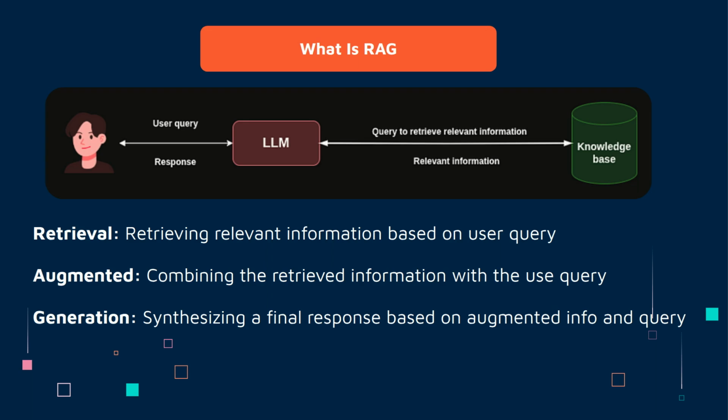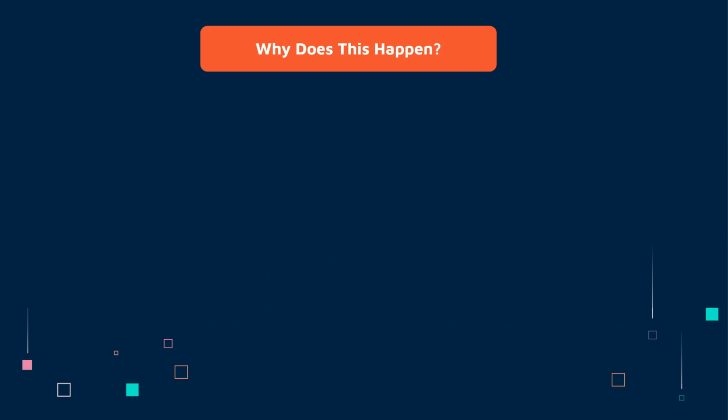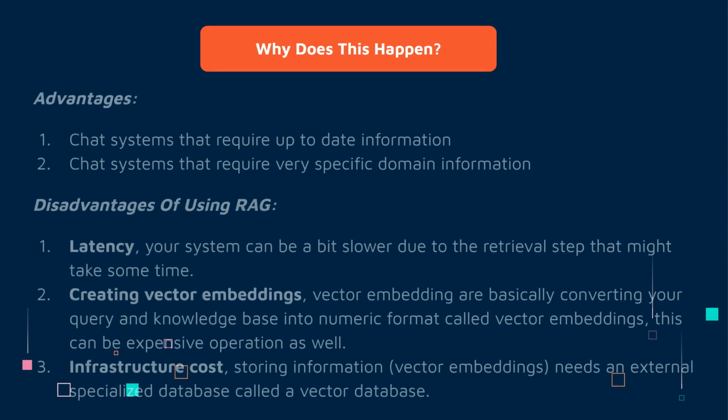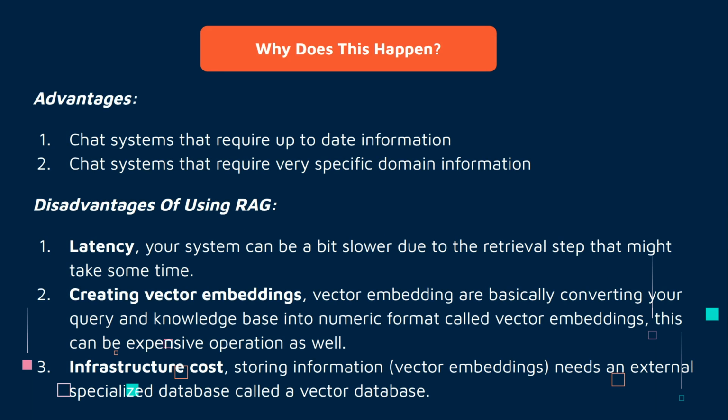For those of you who are curious about what a vector database is, you can check out Qdrant, Pinecone, Milvus, and other providers. ChromaDB, yeah, those are some examples. So vector databases are used to store vector embeddings that are created from your embedding model.